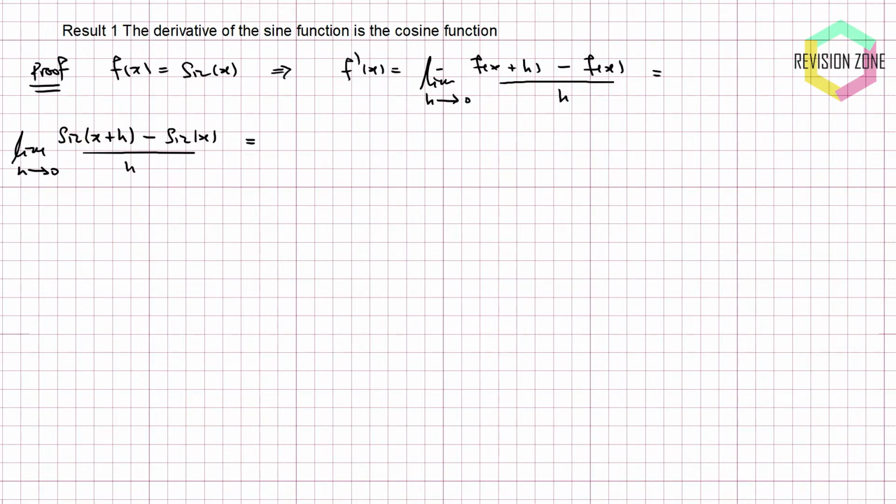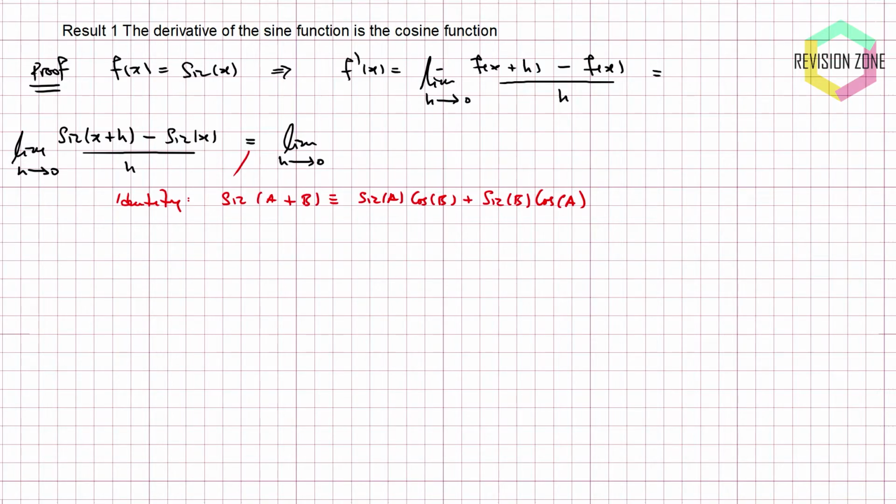Luckily, on the A-level syllabus, we have an identity which says that sine of a plus b can be expanded out to give me sine a cos b plus sine b cos a, right? So let's use that statement to expand out the first term in our numerator.